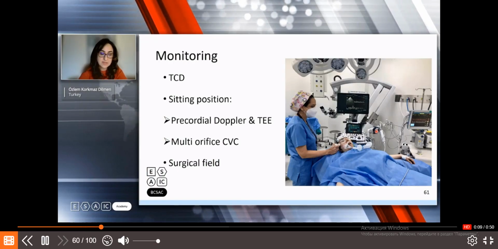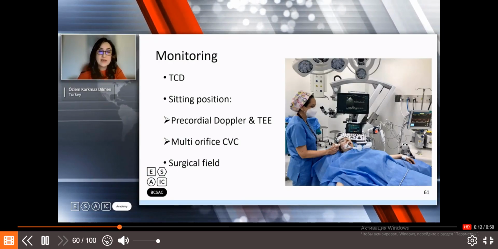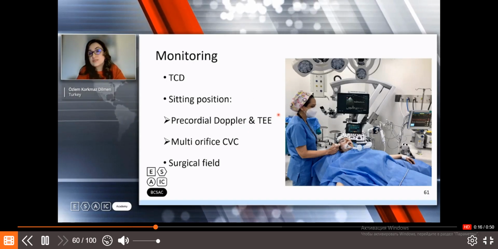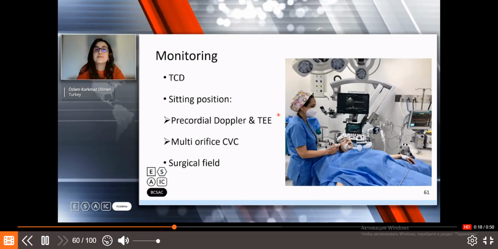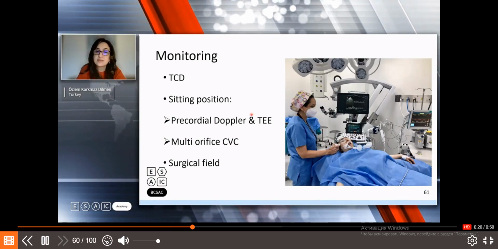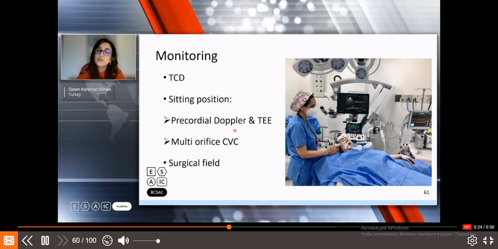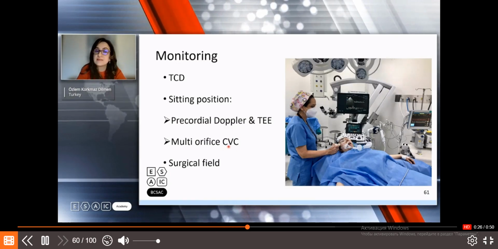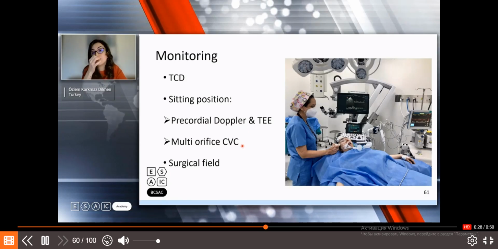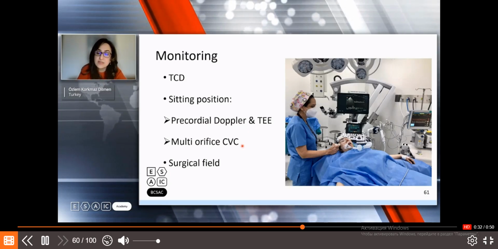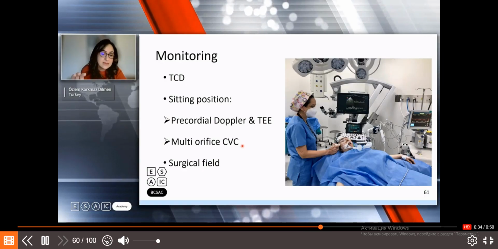I'll give a detailed explanation soon. And precordial Doppler and TEE are used to detect venous air embolism if the patient is undergoing surgery in the sitting position. We prefer using multi-orifice central venous catheters just for sitting positions to aspirate any possible air embolism.